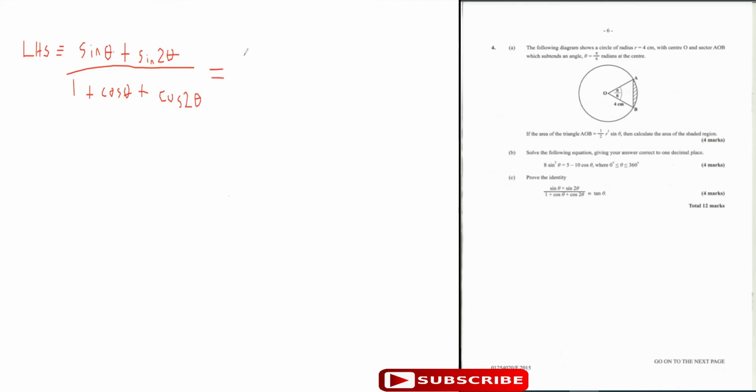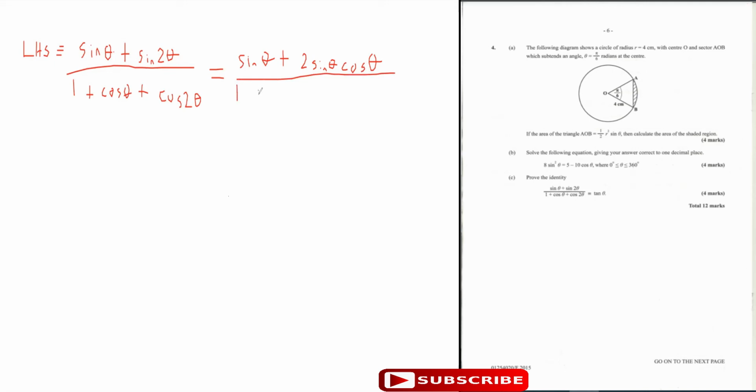So we're going to rewrite the numerator as sine theta plus sine 2 theta, which is 2 sine theta cos theta. Then we're dividing it by 1 plus cos theta plus cos 2 theta.